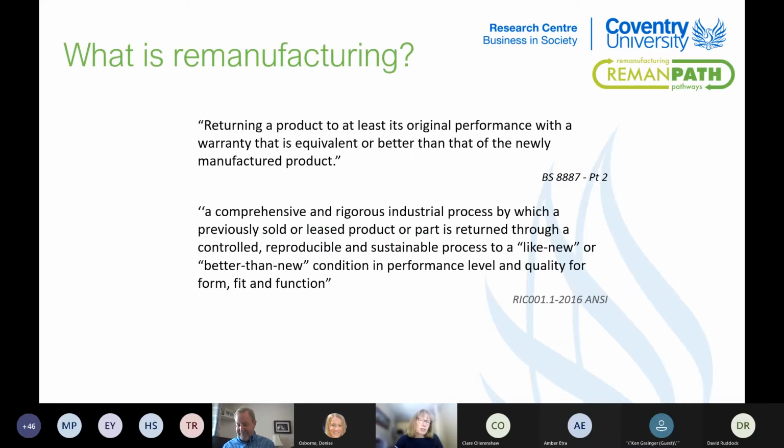There's a couple of definitions here, but in essence, it's this idea of taking a part or a component and taking it back and remanufacturing or refurbishing it to take out any worn or broken parts, and then putting it back together again and basically producing a product which is as good as the original new product, and making it available to be sold back to businesses in as-new condition with a warranty that means that it's almost indistinguishable from what would be an original product.